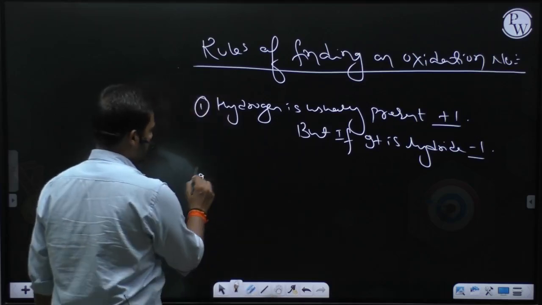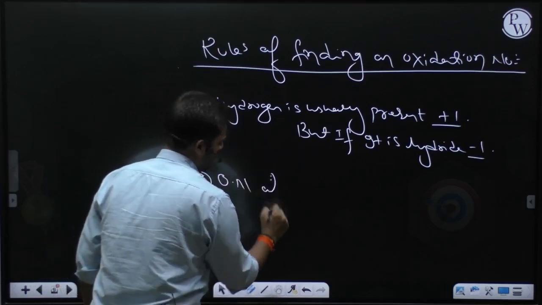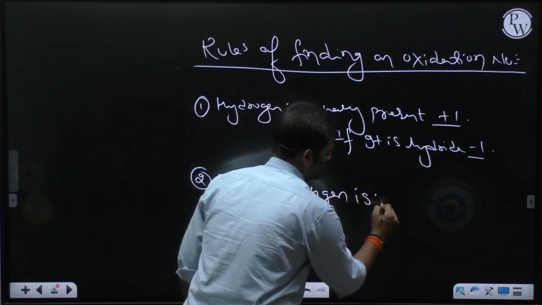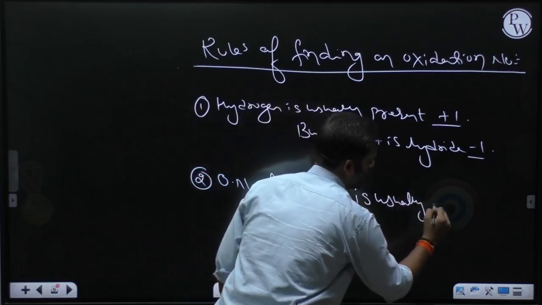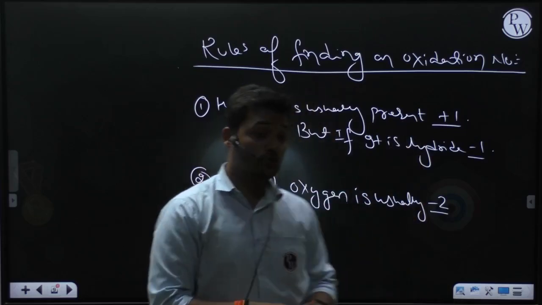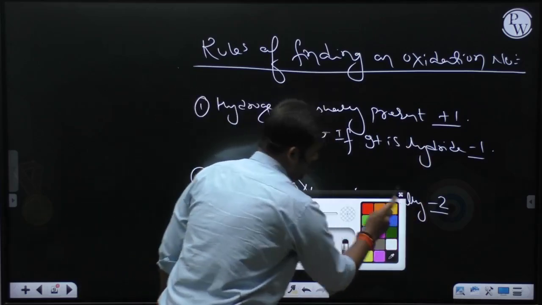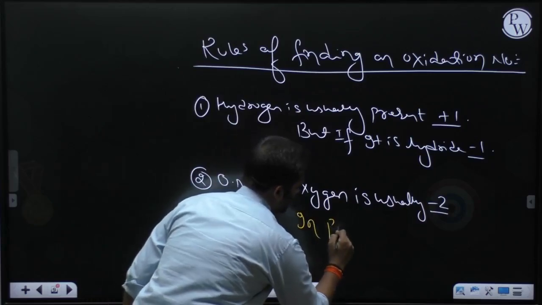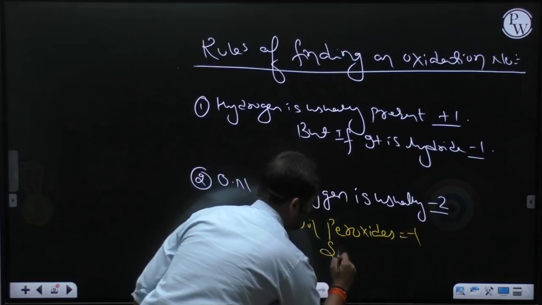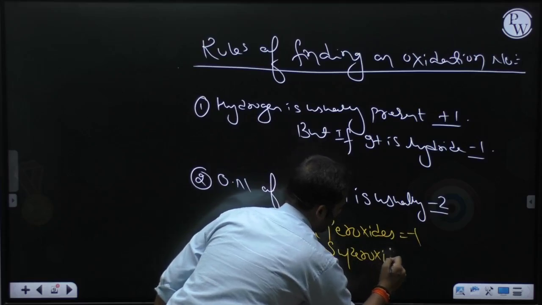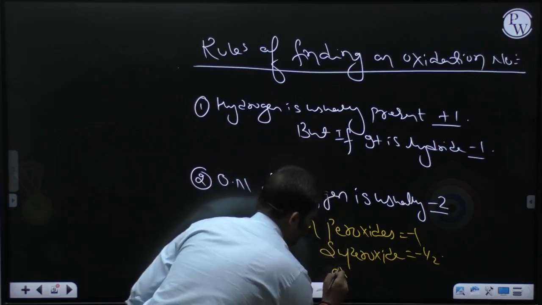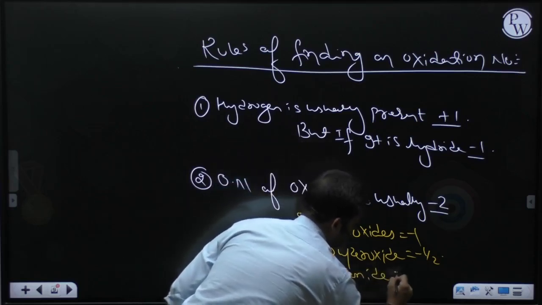Now the second rule is the oxidation number of oxygen. It is usually -2, but in peroxides it is -1, in superoxides it is -1/2, and in ozonides it is -1/3.